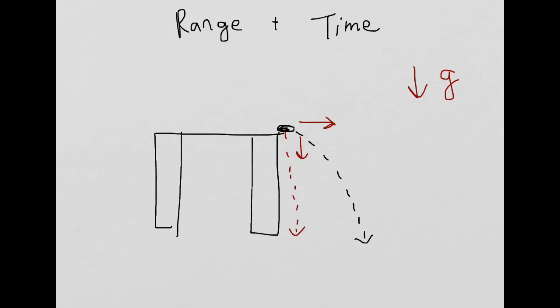So even if an object goes really far horizontally, it will still hit the ground at the same time it would take another object to just fall that same height straight down. Obviously this has to be neglecting air resistance. If we had air resistance, it would be a different scenario.